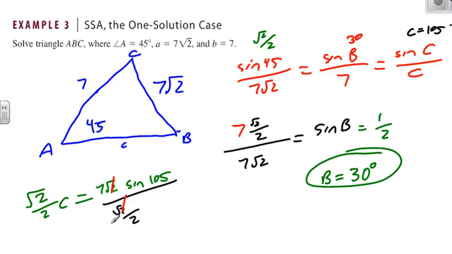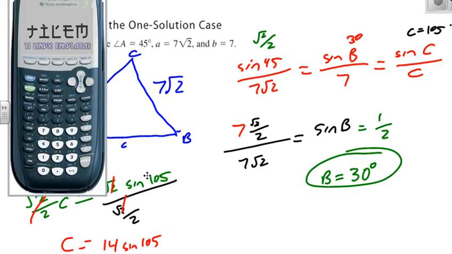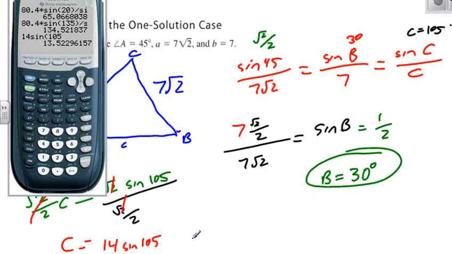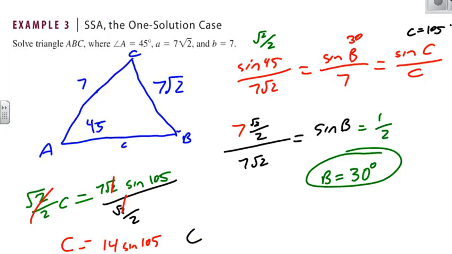But dividing by 1/2 is like multiplying, so this is really like 14 sine 105. 14 times sine of 105 is 13.5.